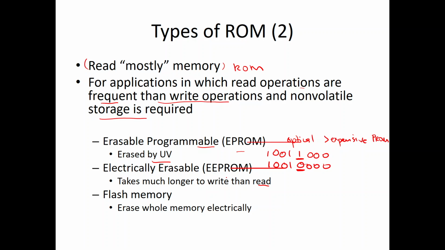It has more advantages because we just use the ordinary bus control, address and data lines. But it has a disadvantage: EEPROM is much more expensive than EPROM, and is also less dense, supporting fewer bits per chip, so it cannot store many cells.